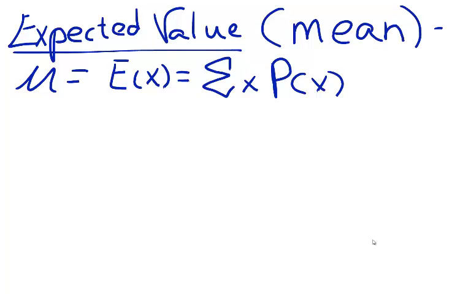The expected value, or mean, for a set of discrete random variables is given by the following. The mean, mu, is equal to E of x, the expected value of x, which is given by the formula, the sum of x times P of x.